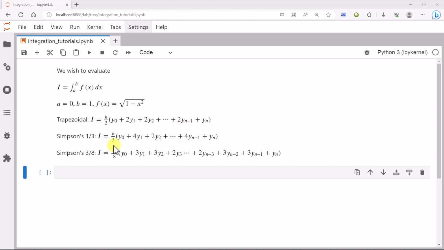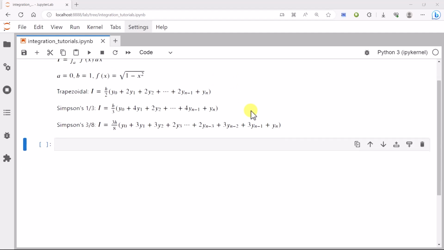I have also written the expressions for the trapezoidal rule, Simpson's 1/3 rule and 3/8 rule, because I don't want to go again and again and see whether I am doing it right or not. And now we will write the program here. We will run it and see if it works. We know that the value of pi will be about 3.14. So let's see what we get here.